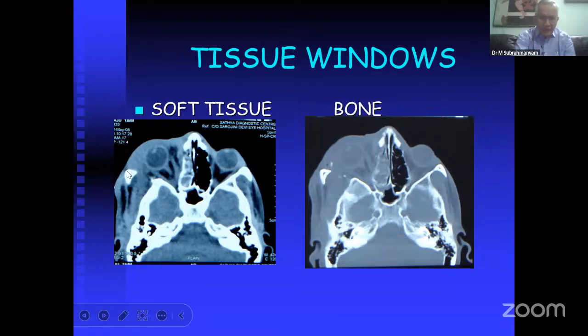And also you can see the bone with a discontinuation of the lateral wall of the orbit. These are all very clearly seen.